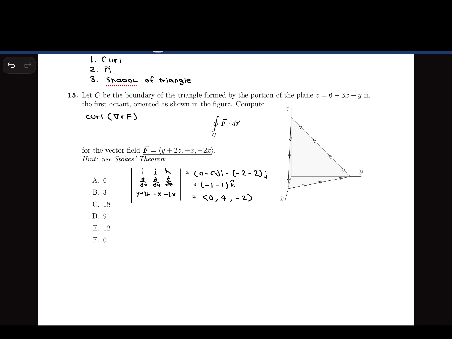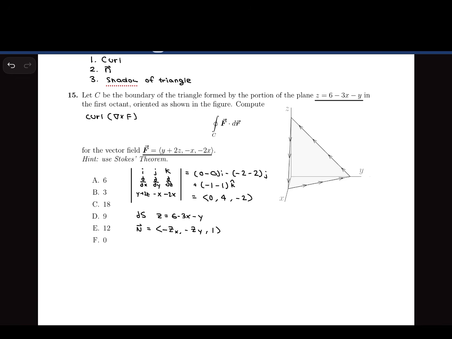Okay, so the second part is to find the surface normal vector, which in this case is our dS. In order to do that, we have this plane right here: z is equal to 6 minus 3x minus y. And the little trick that my lecturer taught me last semester is that if you have this z, the normal vector is always going to be the vector of negative partial derivative of z with respect to x, negative partial derivative of z with respect to y, and then a 1.